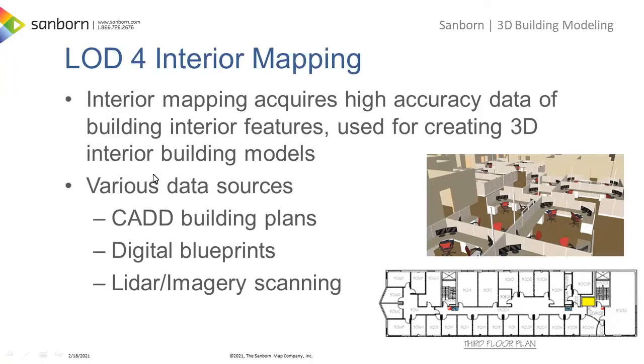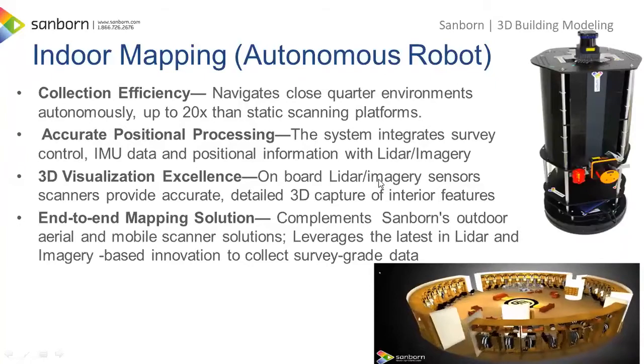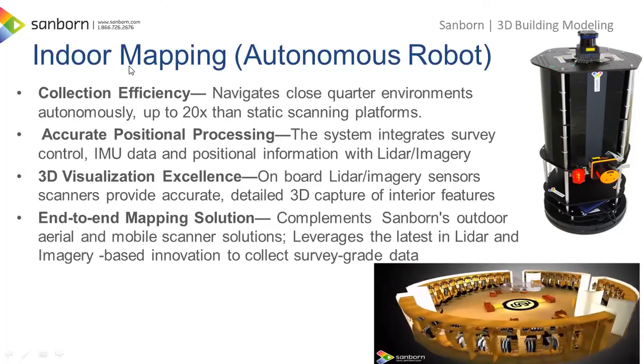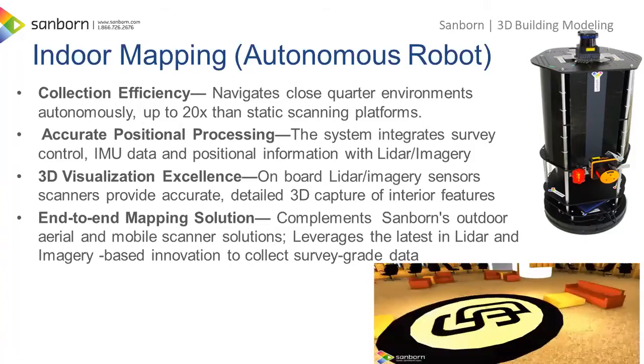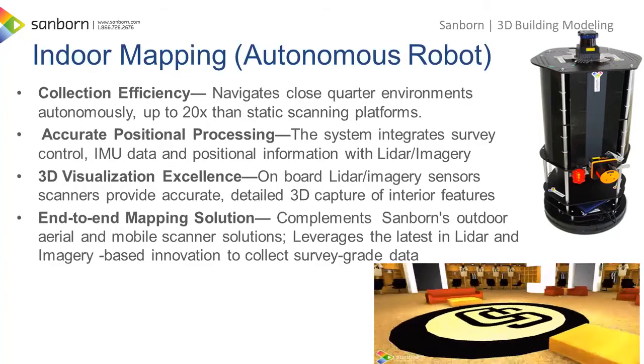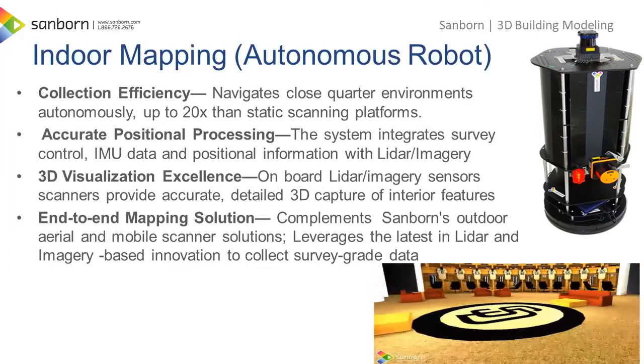But also, it's more and more popular now, there are a lot of sensors out there that you can take inside a building and collect LiDAR and imagery. As a matter of fact, we have developed an indoor mapping autonomous robot that moves through the building on an automated basis and collects LiDAR and imagery.